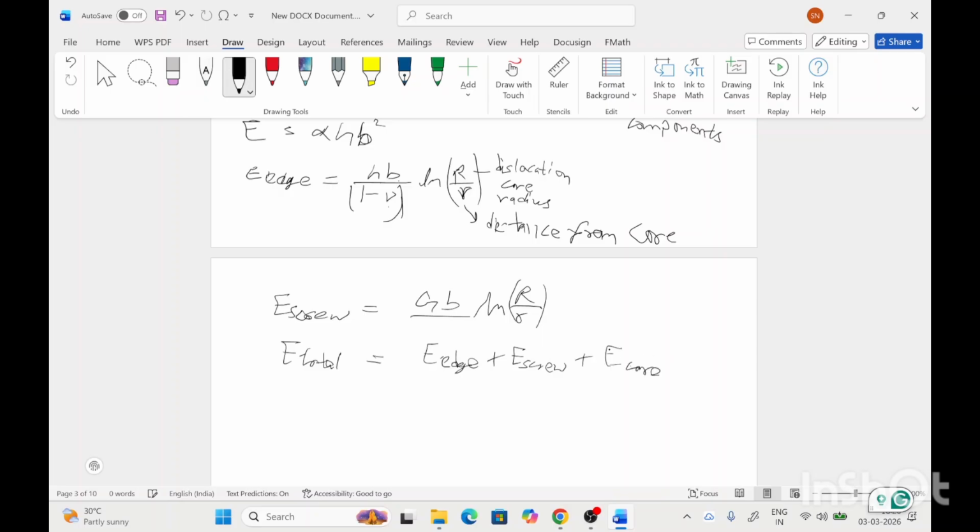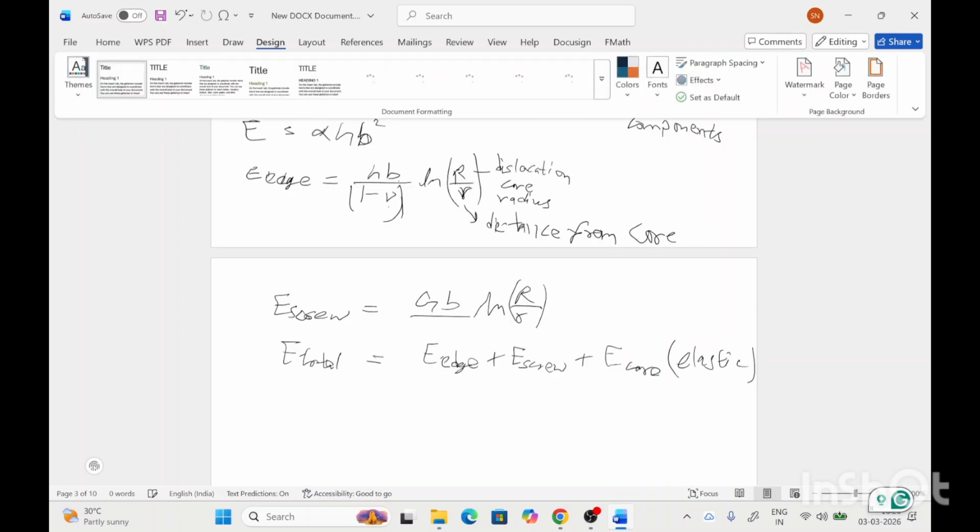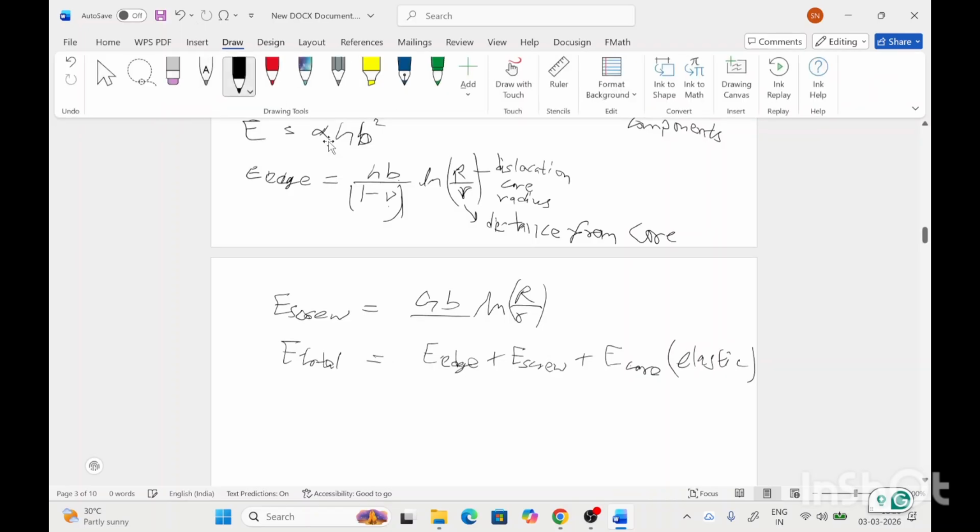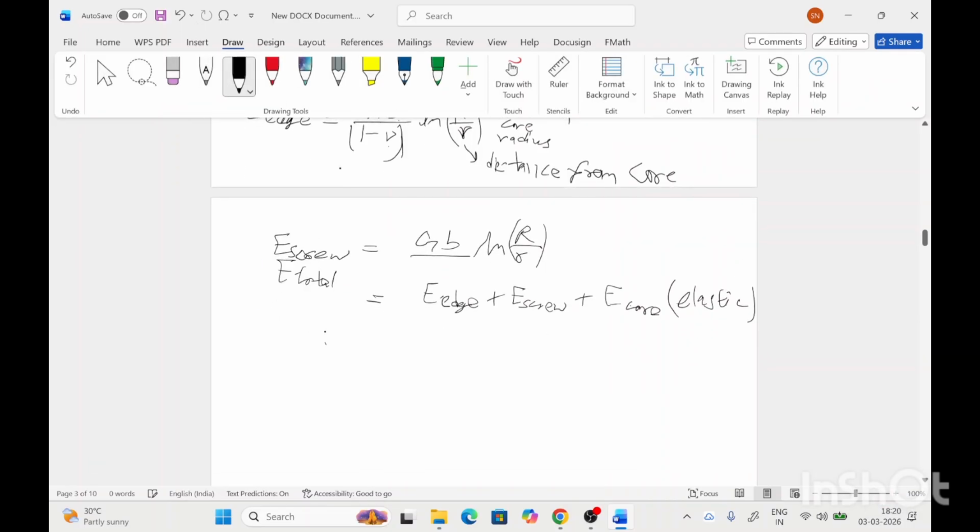I mean the dislocation core has some elastic energy region. So this term gives E equals alpha GB square. Yeah, here also it is square.